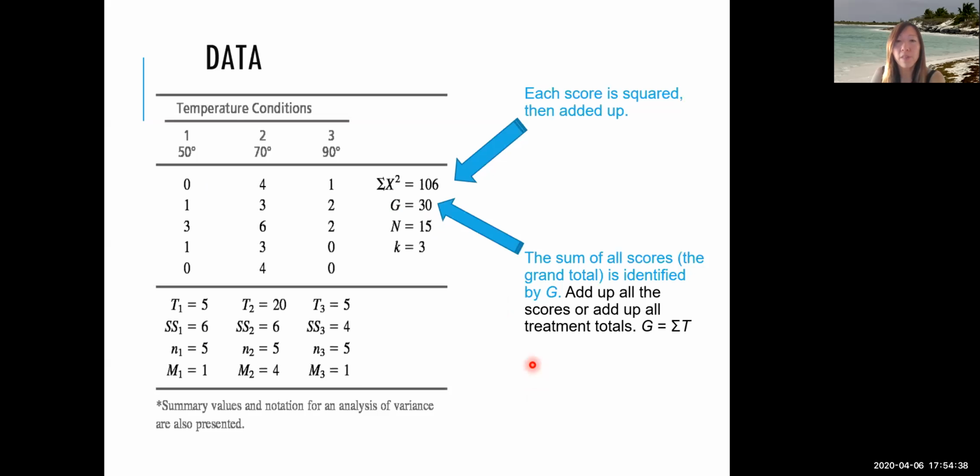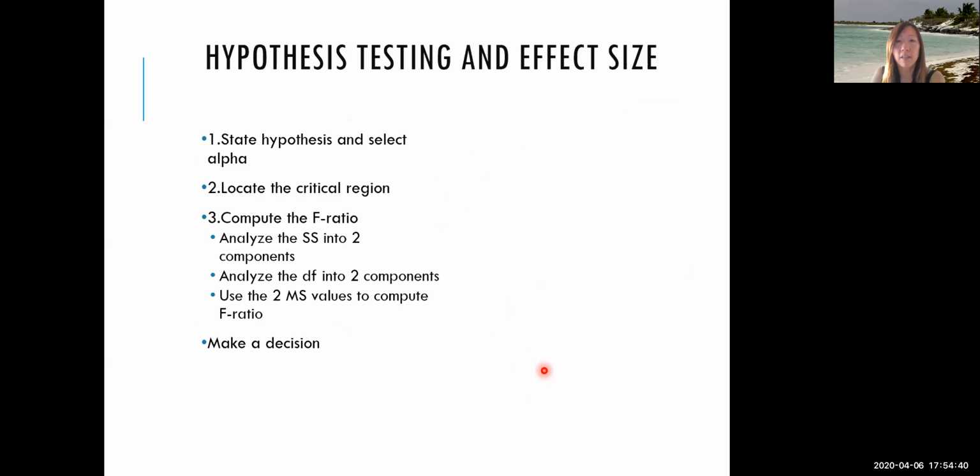And so the hypothesis testing we will do on Thursday. Be on the lookout for the lecture. That one's going to be a little longer, so I'm going to post it as soon as I can. But we're just going to be doing the same thing, guys. State hypothesis, get the alpha, which will be 0.05 again, look at the critical region.